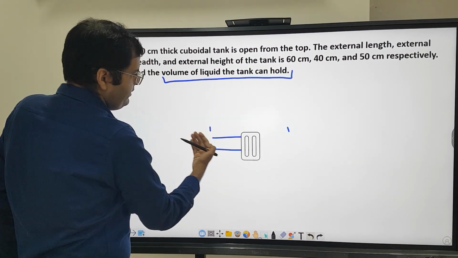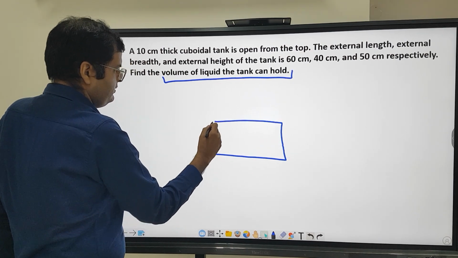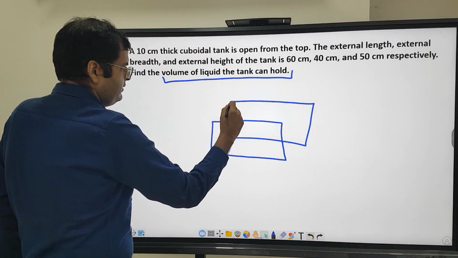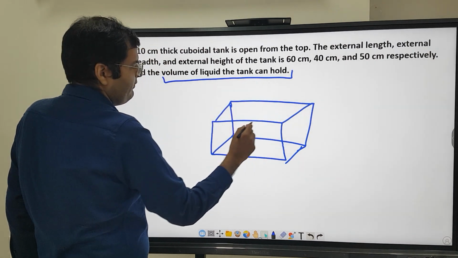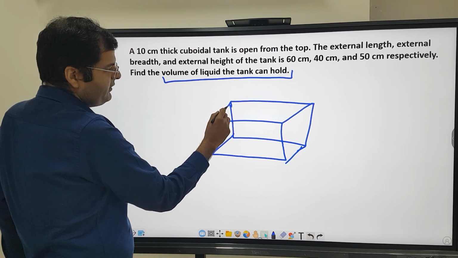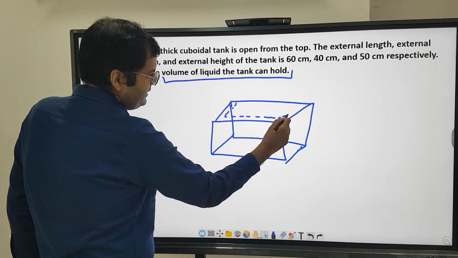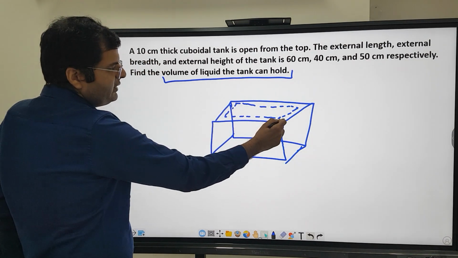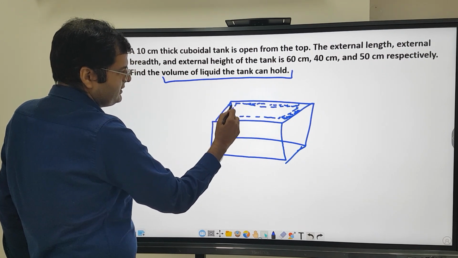If I draw the cuboid, this is the cuboid that you have. It is thick everywhere else, but at the top it is not thick. The topmost layer is open, and the thickness is only at the sides.